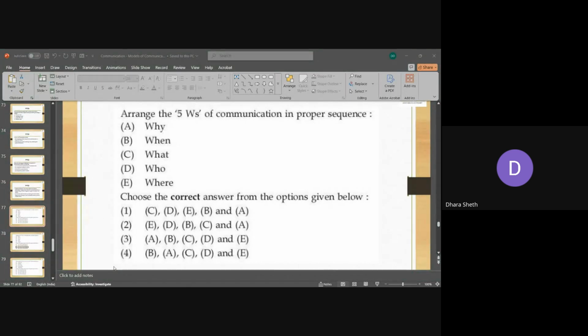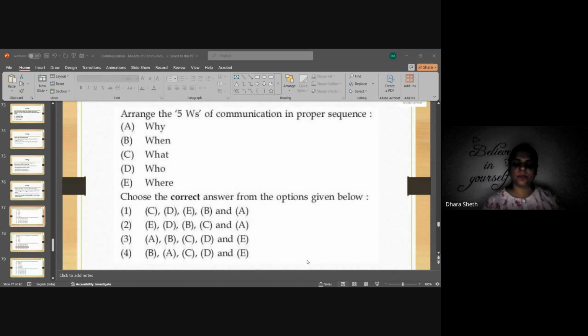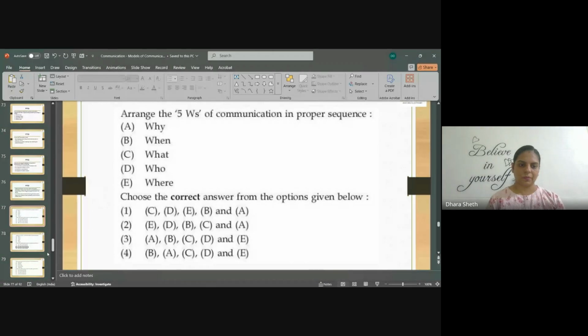Just type a letter or number. So the answer is C, or 3, as you can call it.